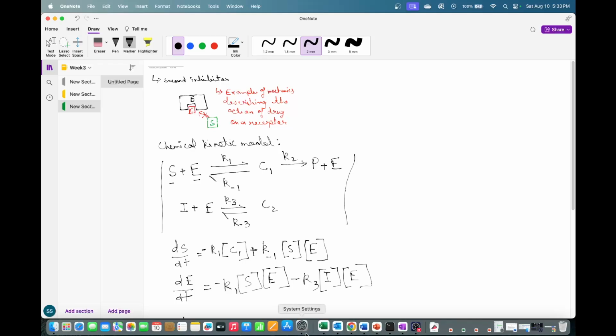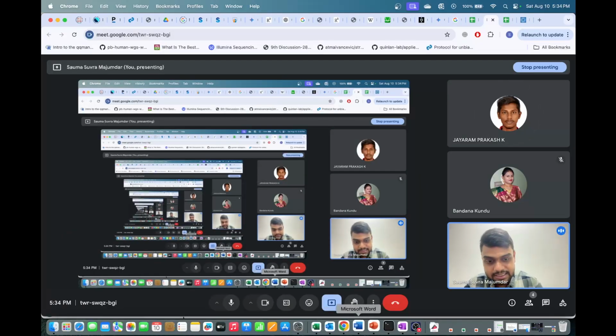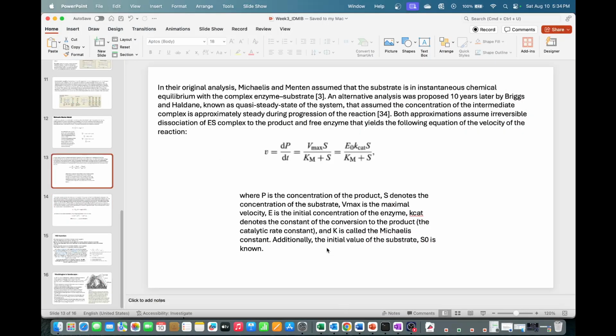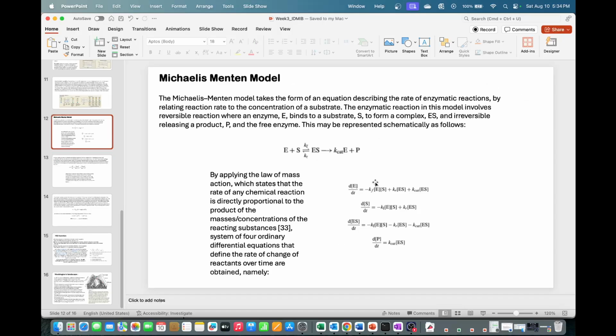So what the Michaelis-Menten equation is basically telling you is, if you see these reactions, the concentration of S or E, how E is getting consumed, is dependent on the negative of the forward reaction and also dependent on the concentration of E and S as well.